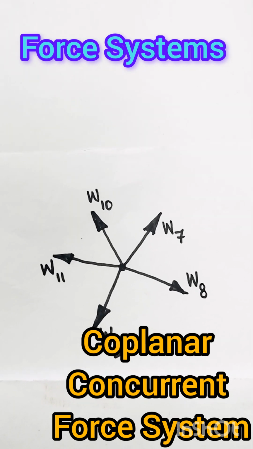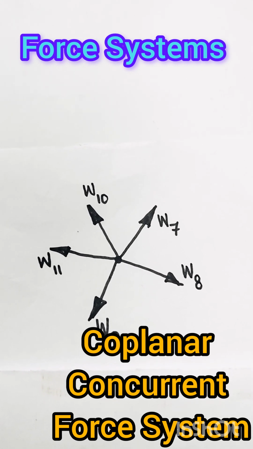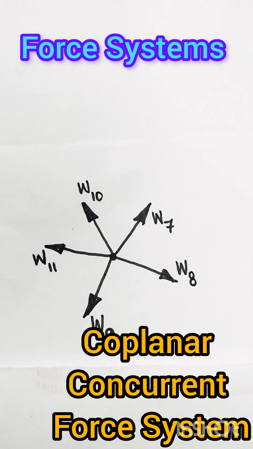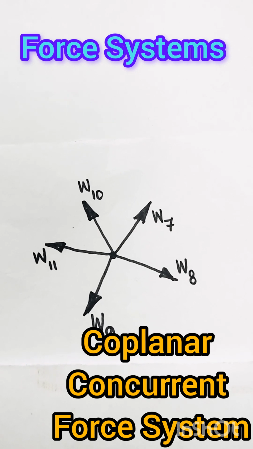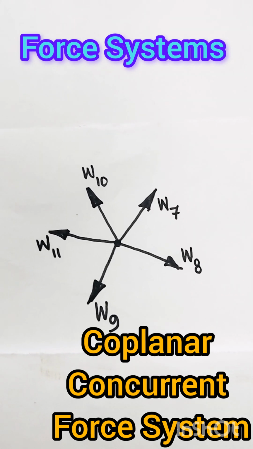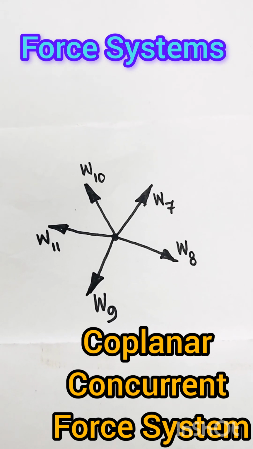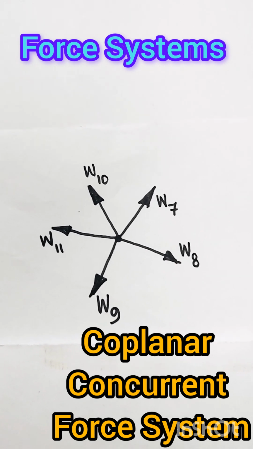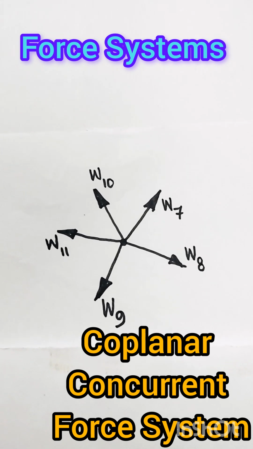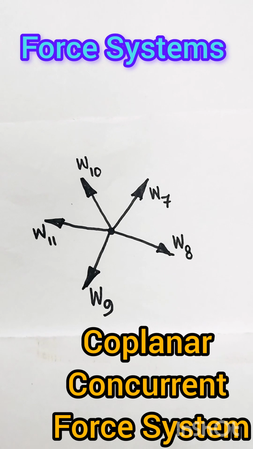These are forces of magnitude W7, W10, W11 and W9 which are diverging from a particular point. As these forces act on a single plane, we can consider them coplanar concurrent forces, diverging in nature.